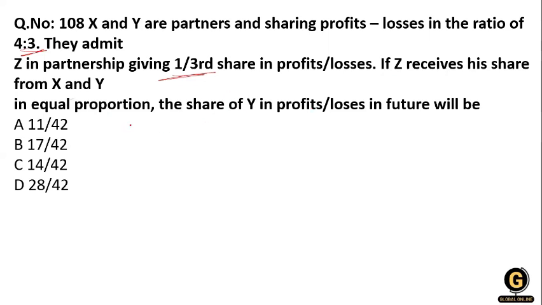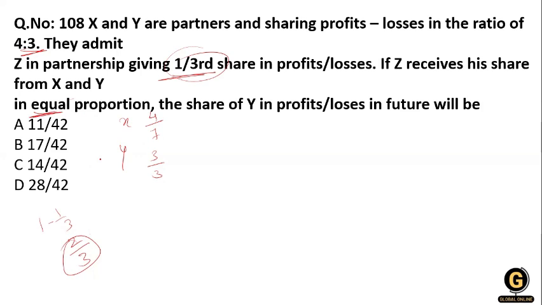X and Y's old ratio is 4/7 and 3/7. They give 1/3, so what remains is 2/3. From this, Z is admitted for a 1/3 share in the profit and loss account. Z receives his share from X and Y equally.